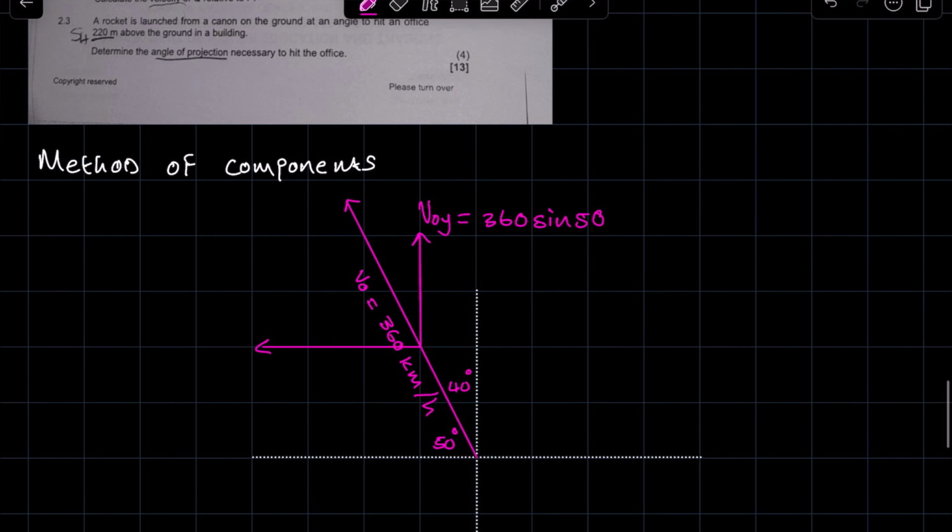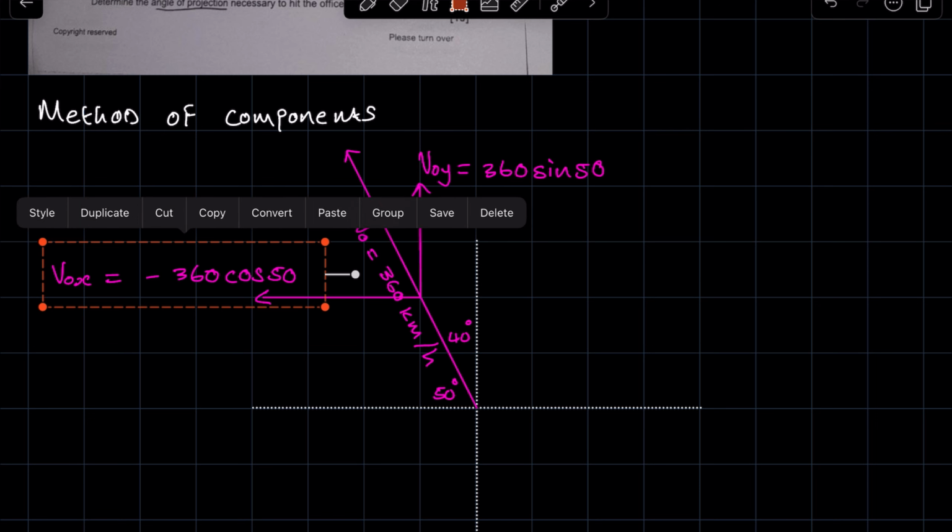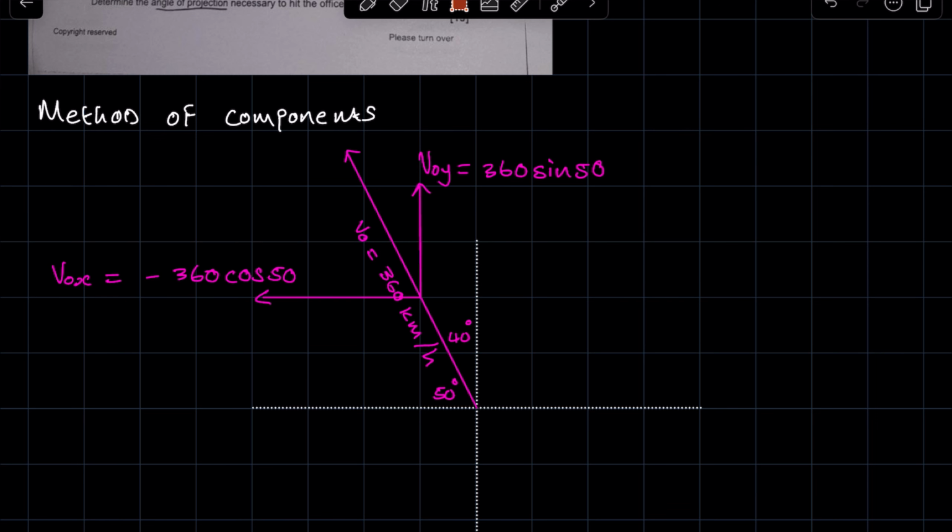And then the horizontal component of VO, VO in the x direction, because our angle is referenced from the x-axis, will be in terms of cos. And of course you have to consider the direction. This is going west. West we take as negative, so this will be negative 360 cos 50. And this becomes our VO in the x direction.